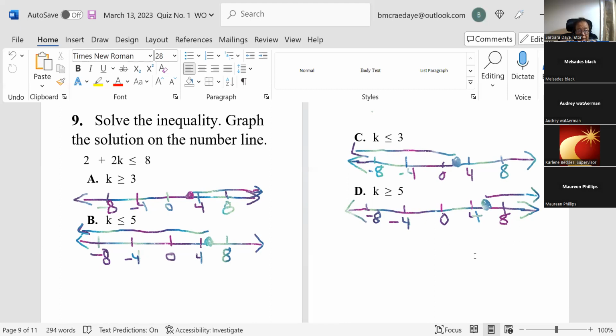Notice number 9 has the inequality and the number line representation. They go together.